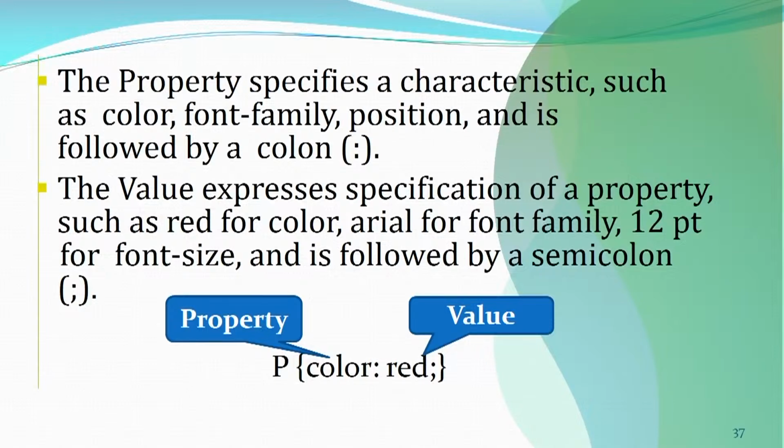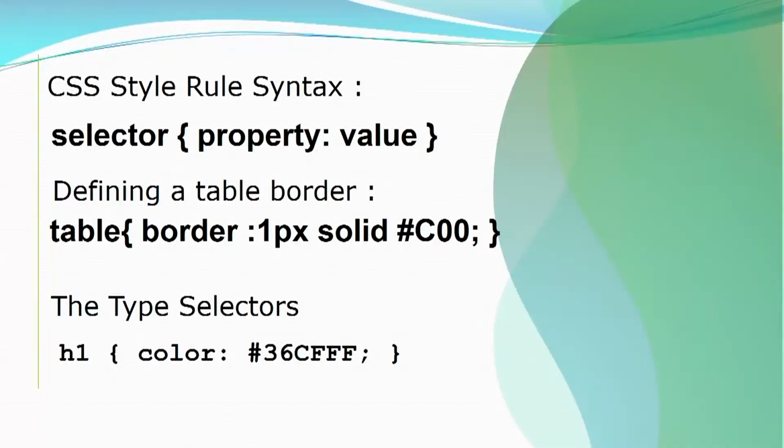We should have a colon between property and value, and after the value we have to put a semicolon. The value expresses the specification of a property, such as red for color, Arial for font family, etc. And then we have to close it using curly braces. So the CSS style rule syntax is selector, then property, then its value.